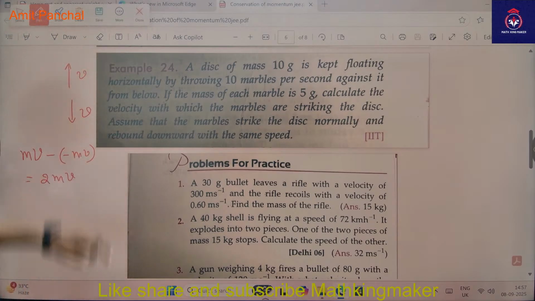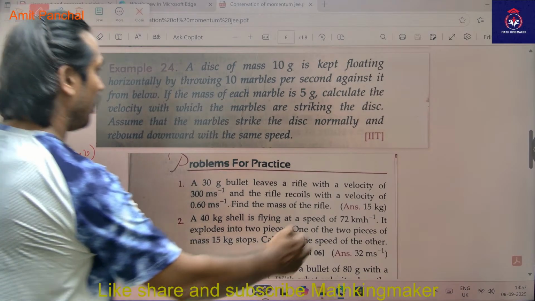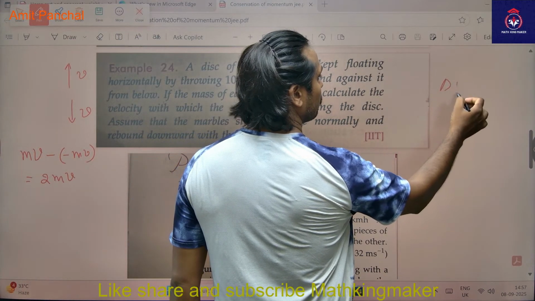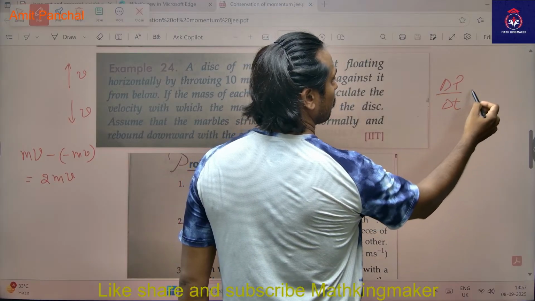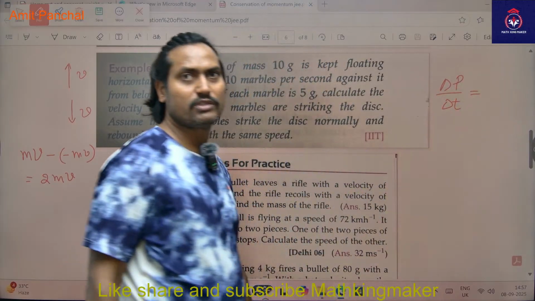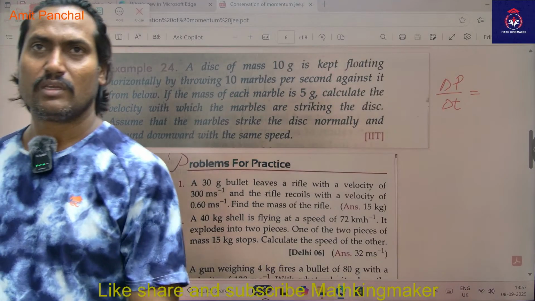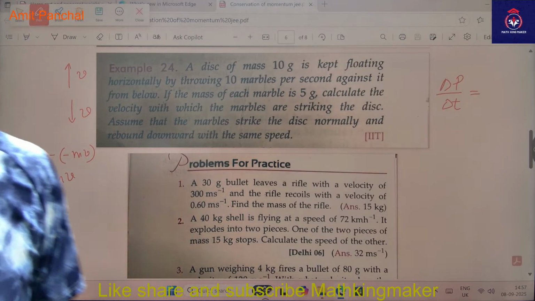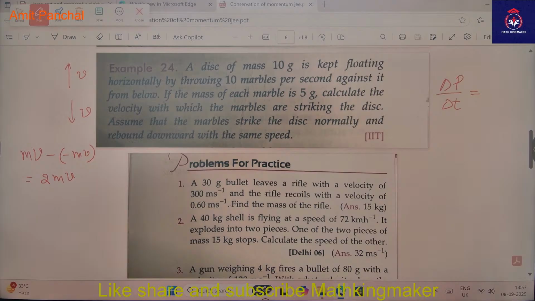That will be the change in momentum per second. And the change in momentum per second, what is that? That's the force. And in this case, force is 0. Why is it 0?